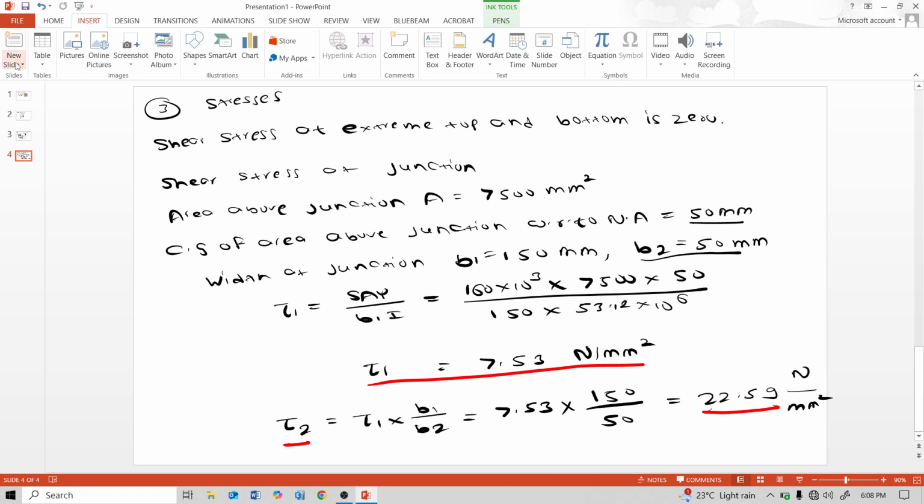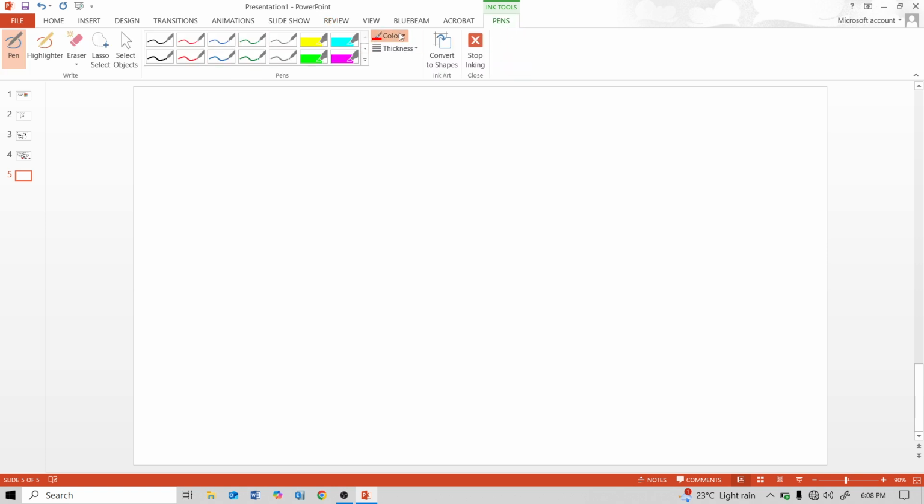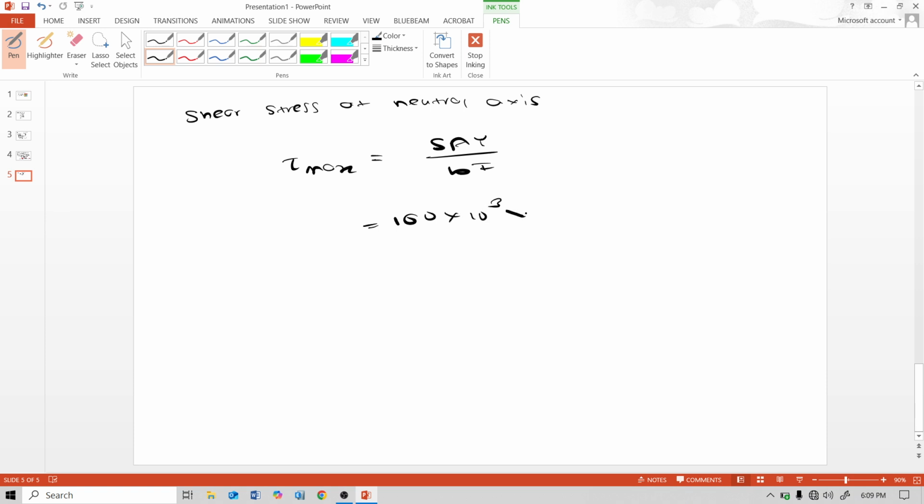Now next, calculate the shear stress at the neutral axis. Same formula, tau max is equal to S A y upon b I. This S is also the same, 160 multiplied by 10 raised to 3.